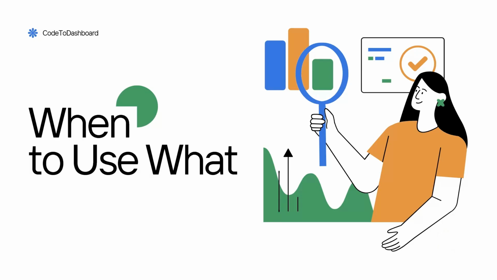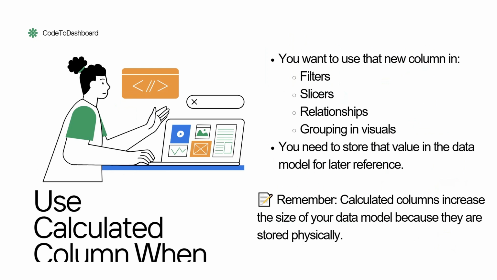Now that we have understood both calculated columns and measures, let's answer one of the most important questions in Power BI. When should you use a calculated column and when should you use a measure? Let's break it down. Use a calculated column when you need to create a new field at a row level in your table. For example, if you want to calculate sales, for this we have to multiply unit price and quantity sold and store that value for each row.